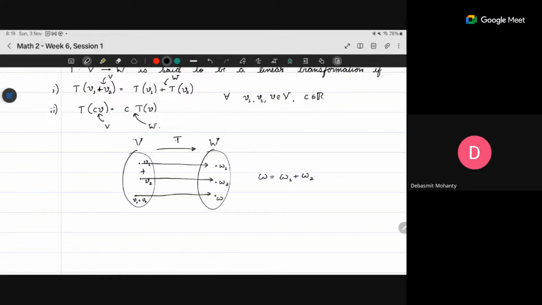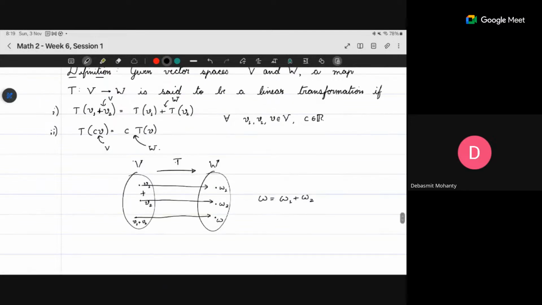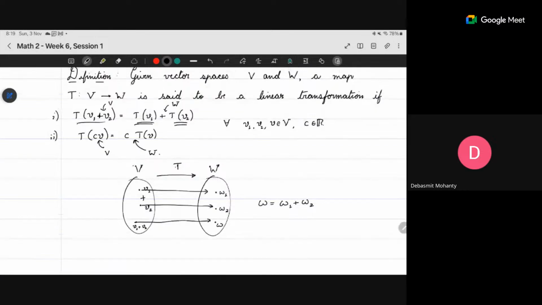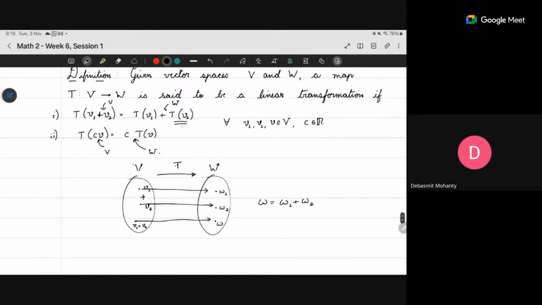So if I add first and then take the image, it is the same as you take the image first and then add. So this is taking the image first and then adding, while this is adding first in V and then taking the image.